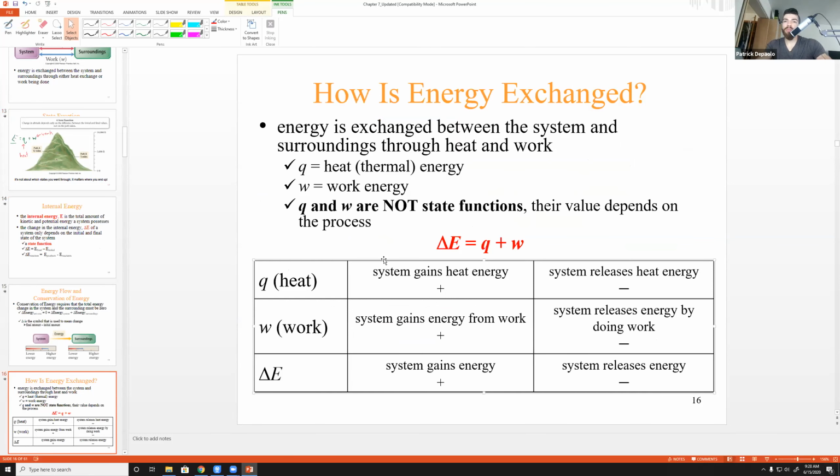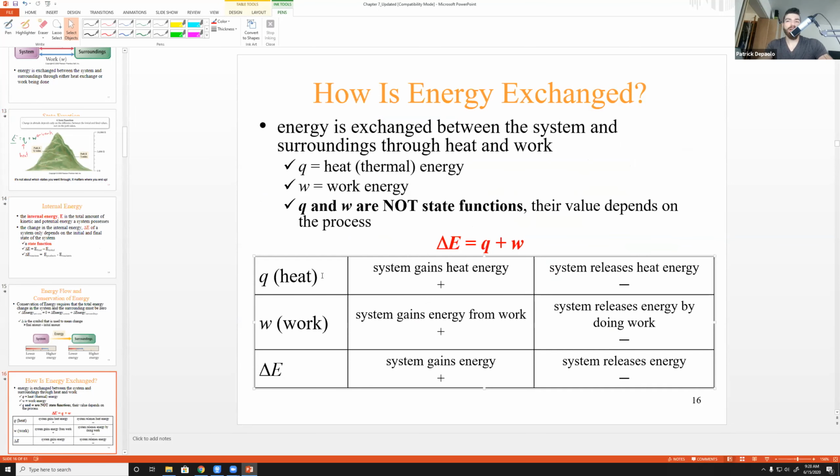So these are important definitions in this table right here, just to understand positives and negatives, because we're going to be decoding these problems by saying if it's positive, that means the system gained something. Negative, the system released. So when we're dealing with heat, system gains heat energy, that's a plus. System releases heat, minus.